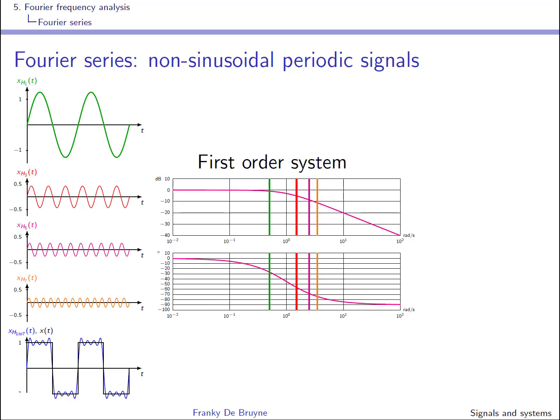As the system is linear, you can kind of imagine that these fundamental and these harmonics components are going to go through the system separately, and then at the output you can add them. This is because of the linearity of the system.